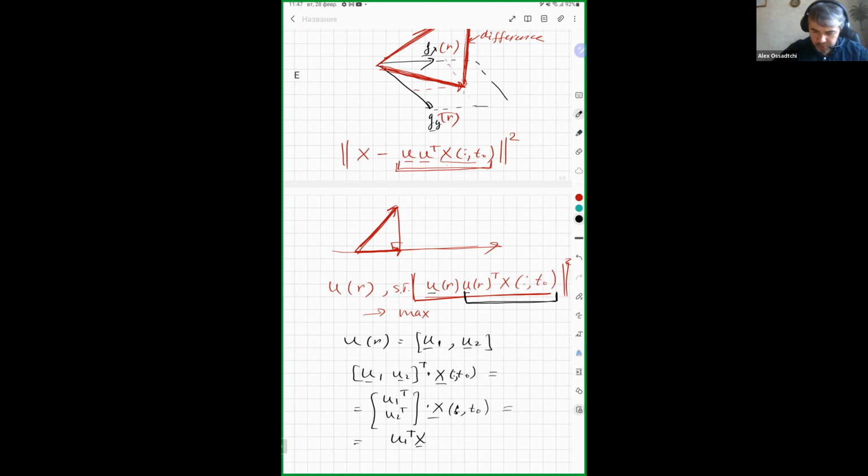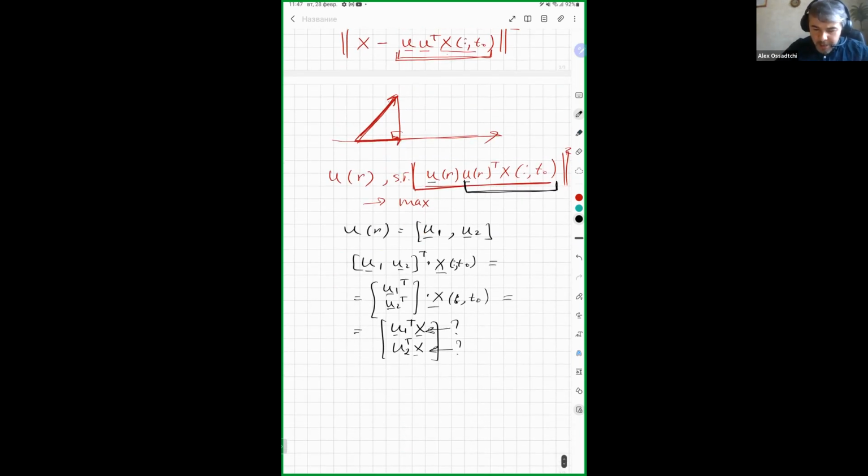That will be equal to u1 transpose x, and u2 transpose x. What are these? These are the coordinates of vector x in the coordinate system formed by vectors u1 and u2, right?